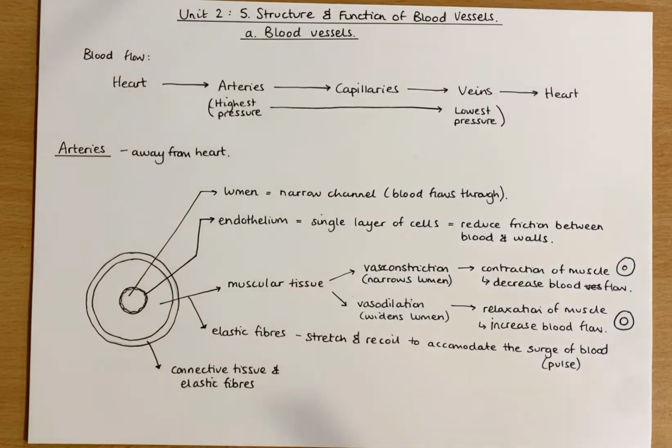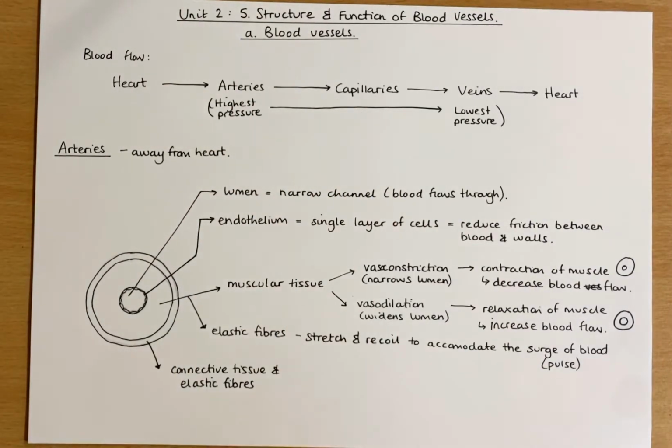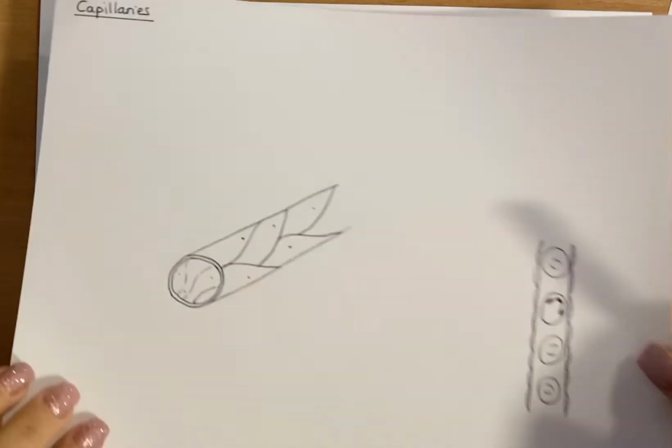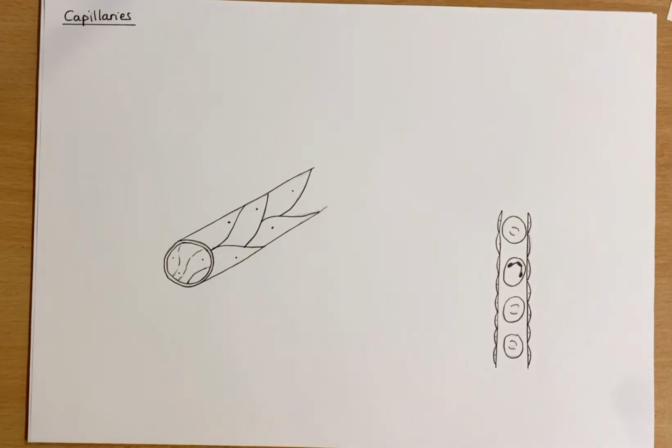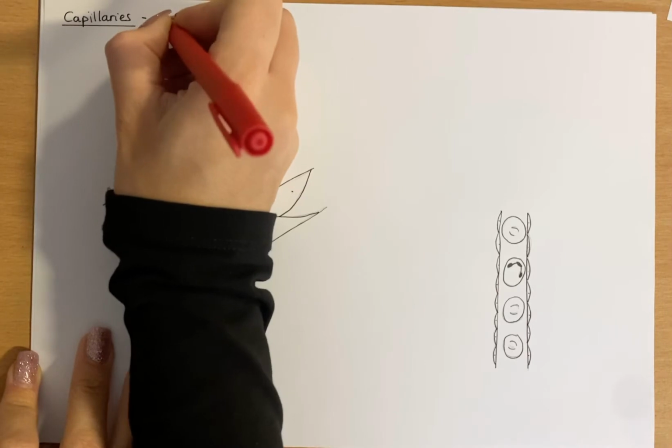What I'm then going to do is move on to the next vessel that the blood flows into, which would be capillaries, which would be a slightly lower pressure than the artery. So this here is some diagrams of capillaries. I'm going to give you a bit of detail first. So obviously they're lower pressure than the arteries that we talked about before, and they will connect arteries to veins.